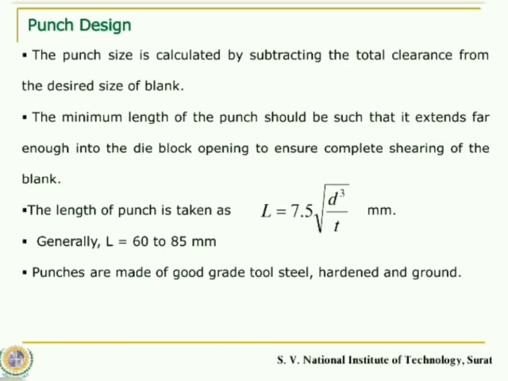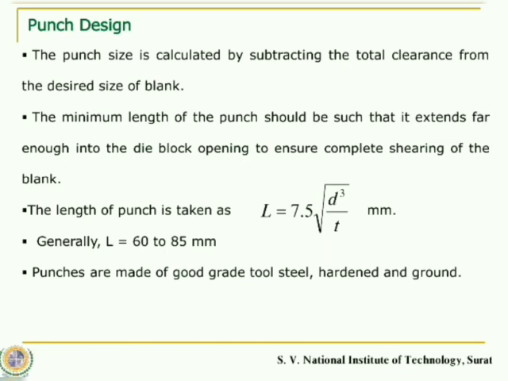There are different thumb rules and equations provided by different researchers for calculating the length of a punch. One such relationship is shown here, wherein L is equal to 7.5 into square root of d cube by t.